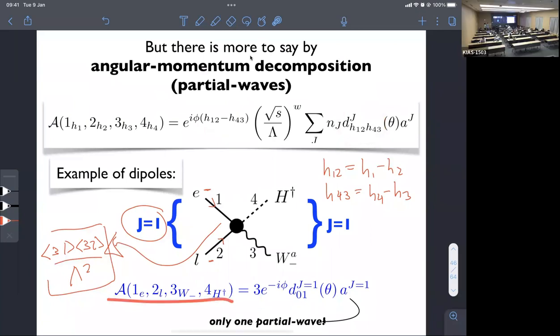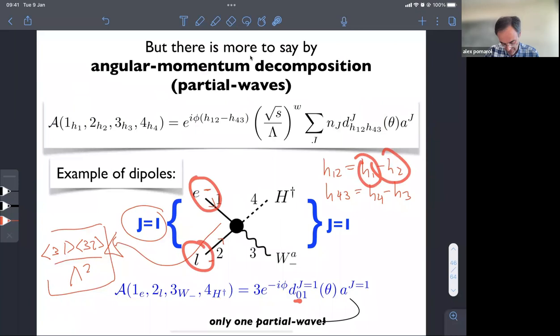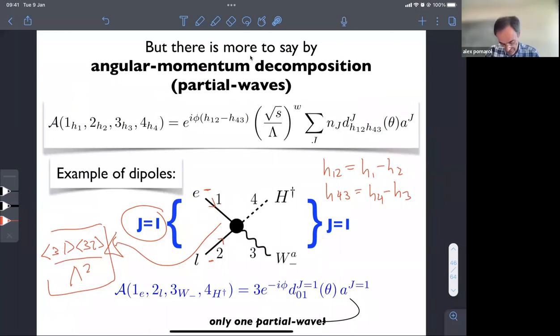I guess H1 and H2 are the same, so they give me a 0 here. And H4 is 0, and this is minus 1, and I get a 1 here. So the helicity is here, it's 0, 1, these things.